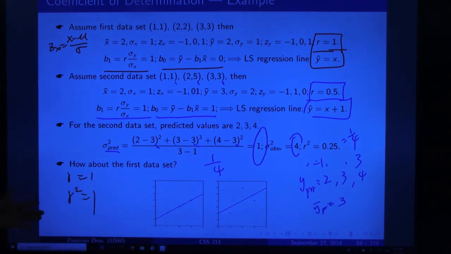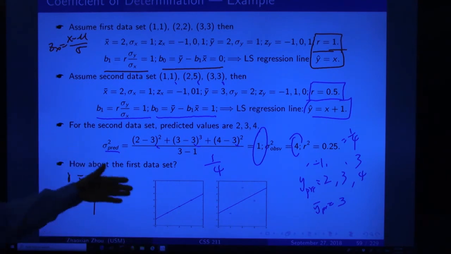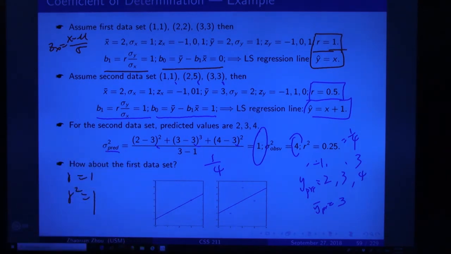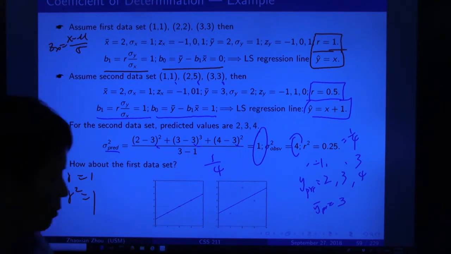That means the variance of x 100% explains the variance in y. And that's why all the points are on the line. So from these two examples we see that r squared is the coefficient of determination, and its meaning is that it gives us the percentage of the observed y value variance that can be explained by the variance of x.